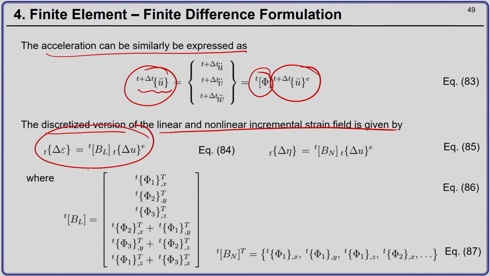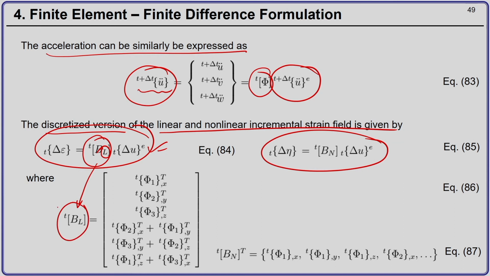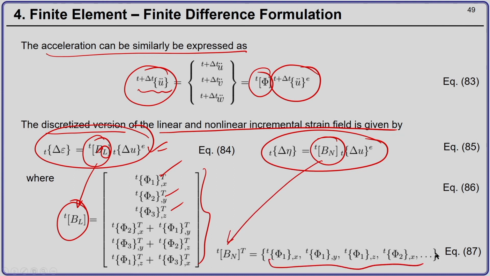Okay. So, delta epsilon E is like this, delta eta is like this, okay, where the strain displacement matrix B L, where L here is for linear. So, B L, the linear part of the strain displacement matrix, has the following form, where phi 1, phi 2, phi 3 have been already described, and the nonlinear part of the strain displacement matrix has the following form. Okay.